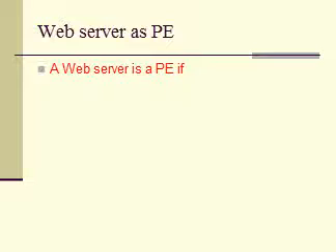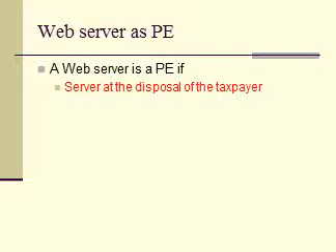As discussed in the text at 11.052a, under Commentary on Tax Treaties issued by the OECD, a web server is a PE, or permanent establishment, if the server is at the disposal of the taxpayer, which ordinarily means the server is owned or leased by the taxpayer.